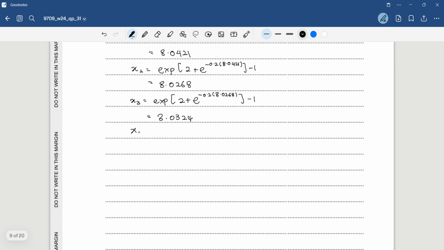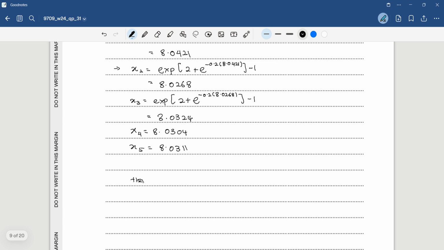I repeat the process. x4 will be 8.0304, x5 will be 8.0311. If you notice, from x2 the two decimal places are 8.03, 8.03, 8.03, 8.03. So the answer correct to two decimal places, 8.03, is consistent for the last 3 to 4 values that we've calculated. Therefore, we can conclude that the value has converged at 8.03.